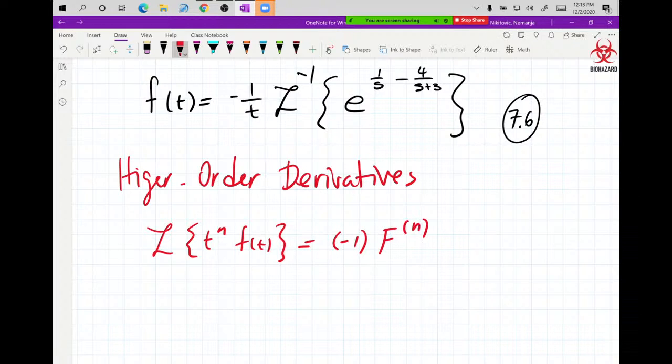If you have t squared in front of your term, then you can take two derivatives of the original function for your transformation.